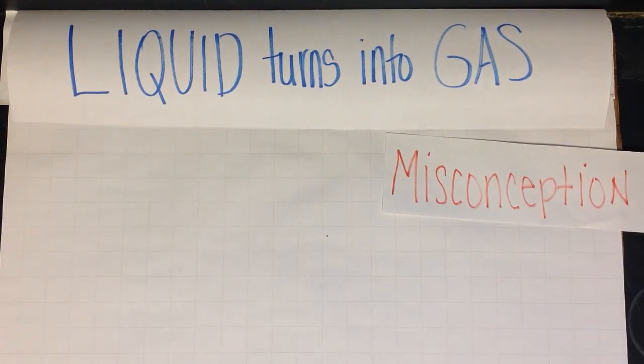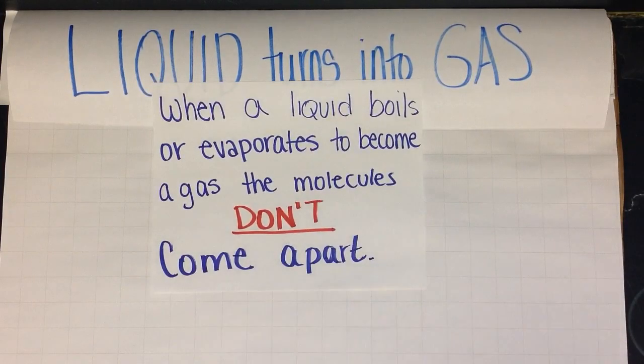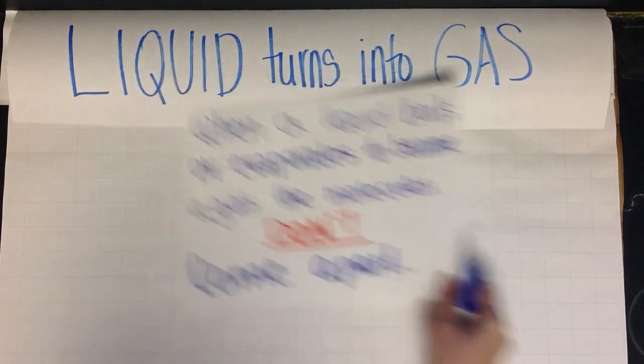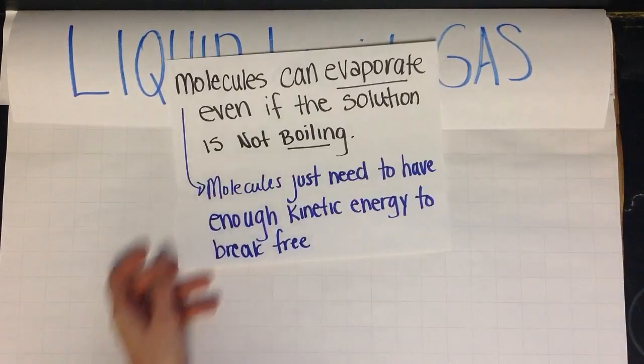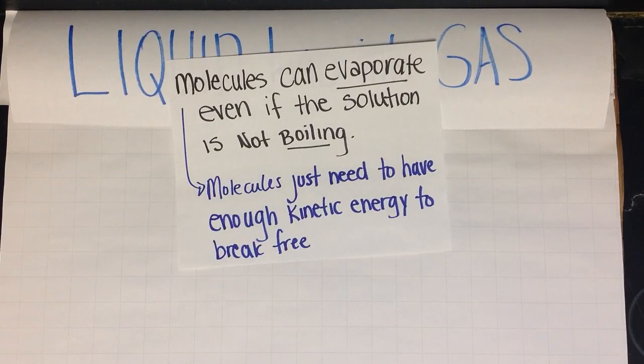Okay? All right, so let's make sure we actually write that down. When a liquid boils or evaporates to become a gas, the molecules don't come apart. Molecules can evaporate even if the liquid's not boiling. They just need to have enough kinetic energy to break free.